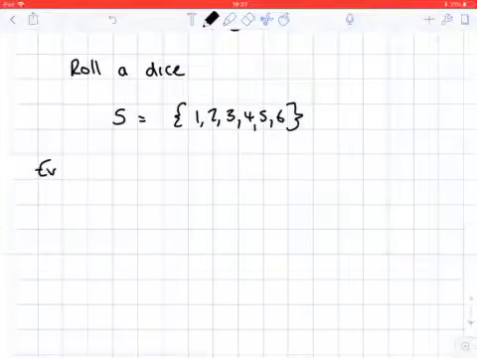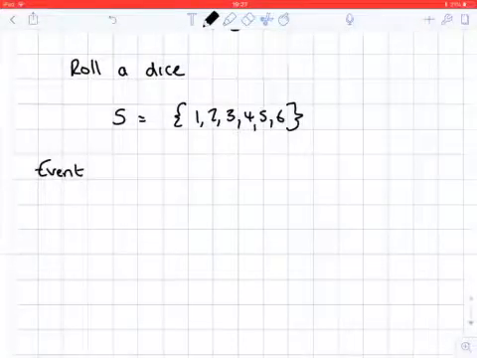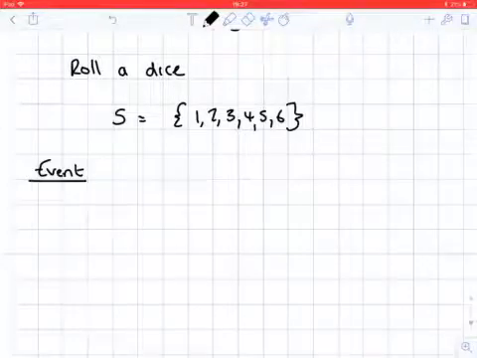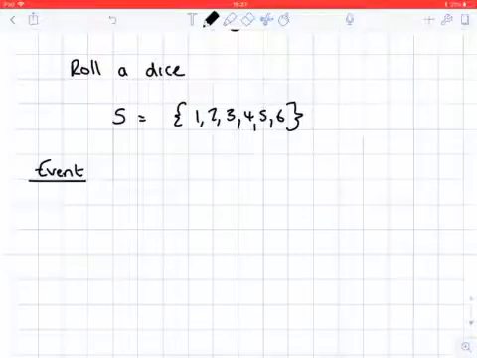And then finally, I just want to talk about the term an event. Okay, so within probability, we will be talking quite a lot about events. Okay. So an event is a property associated with the outcomes of a random experiment or a subset of a sample space.